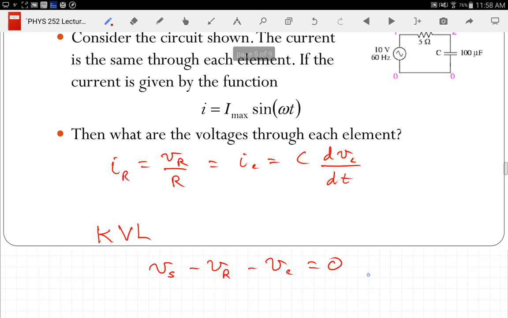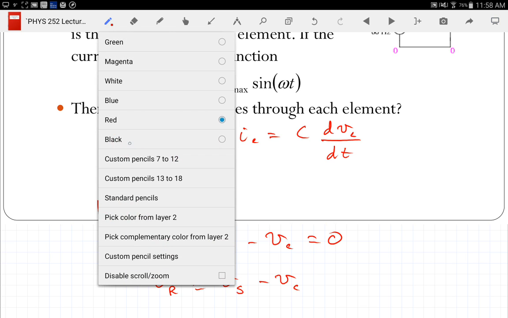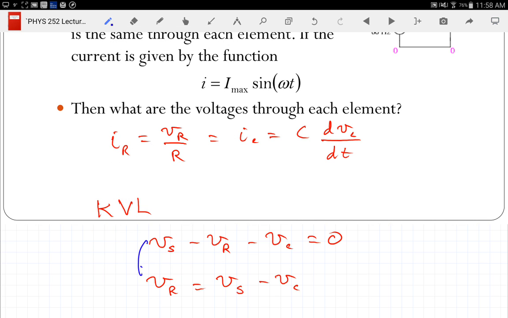So I have this relationship. Let us just say that V_R is equal to V source minus V capacitor. That's just taking the equation above and solving for V_R. And then I'm going to put that V_R into this equation.